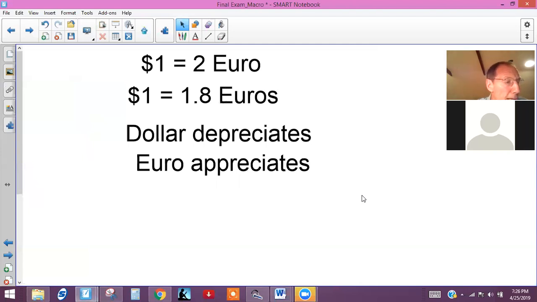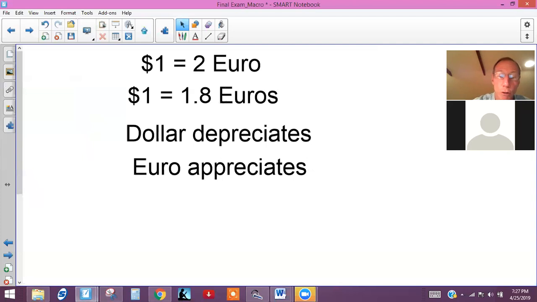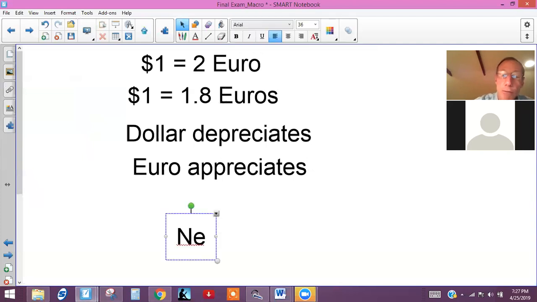Now, if we have this situation, and we say that it is now more expensive for Americans to buy European goods, what happens to net exports for Europe?